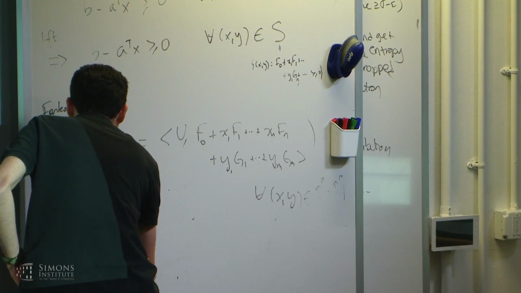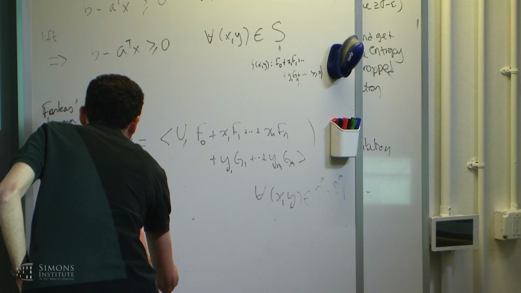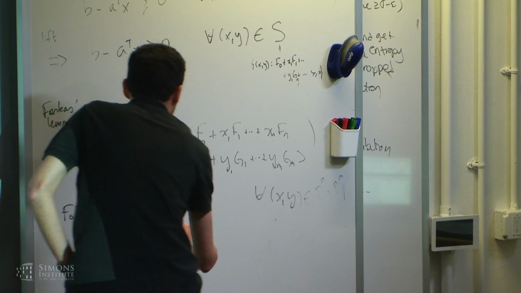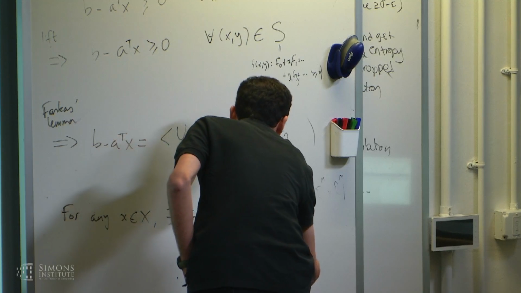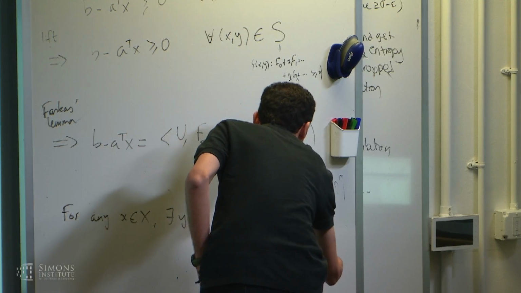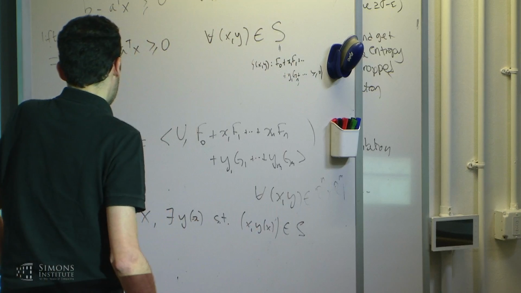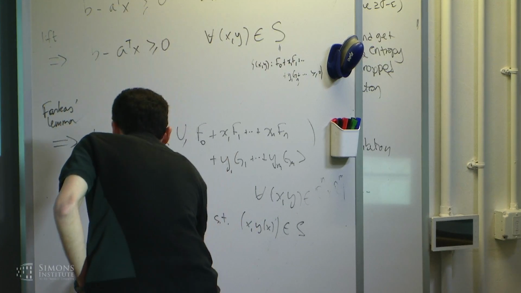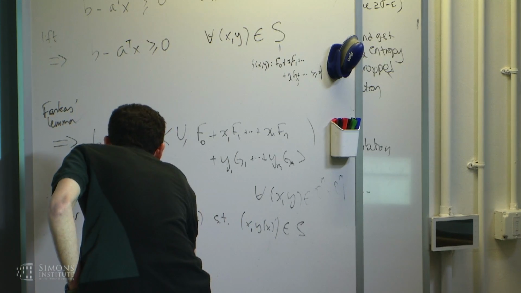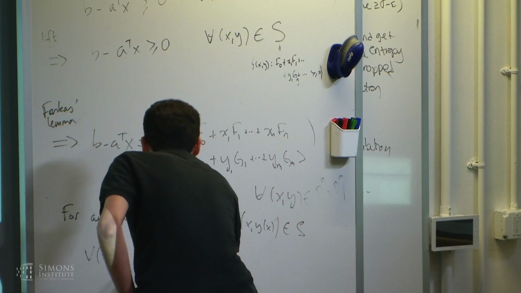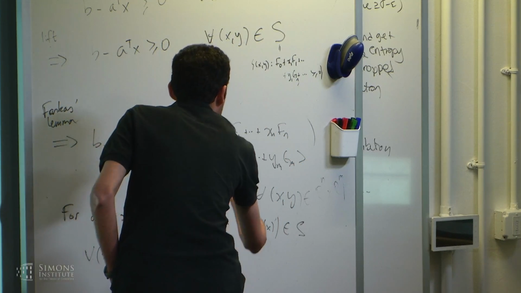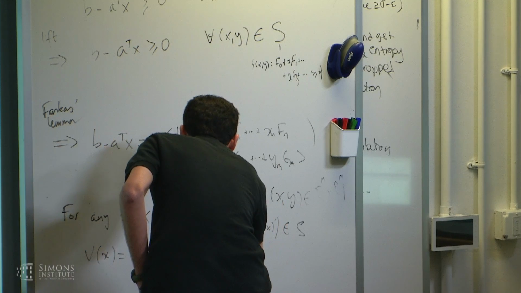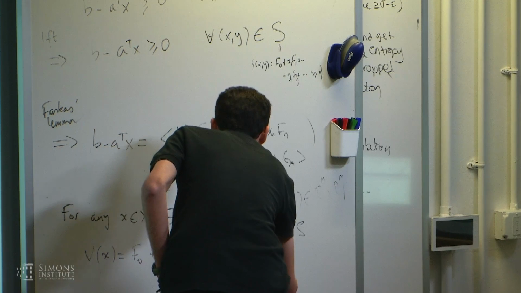So for any x in X, I know that there exists a certain y of X such that xy of X lives in S. And I'm just going to take V of X to be this whole thing.